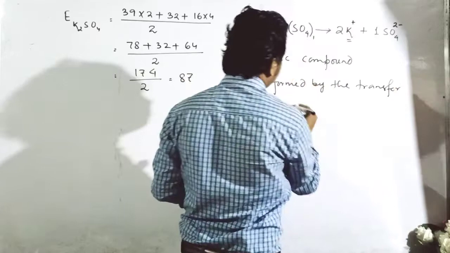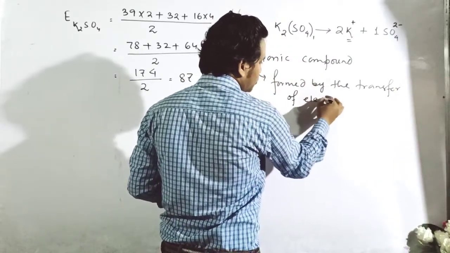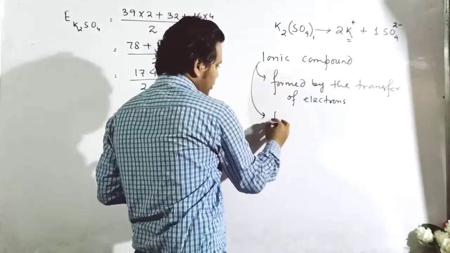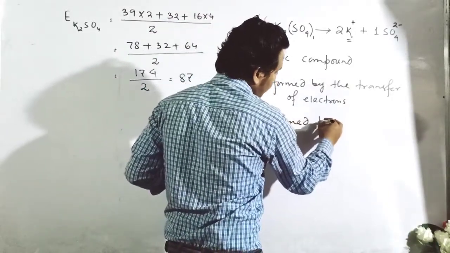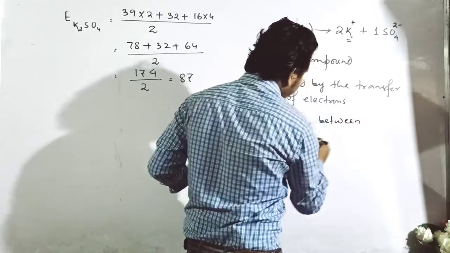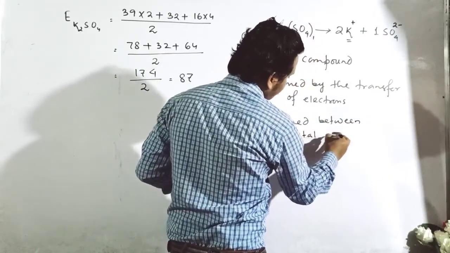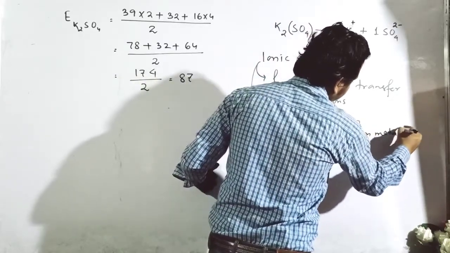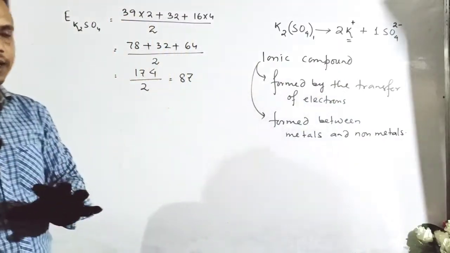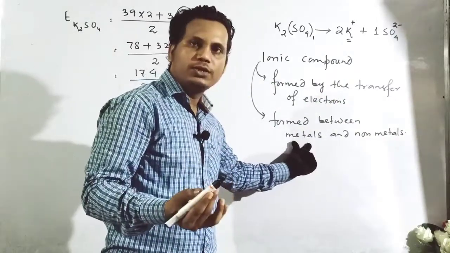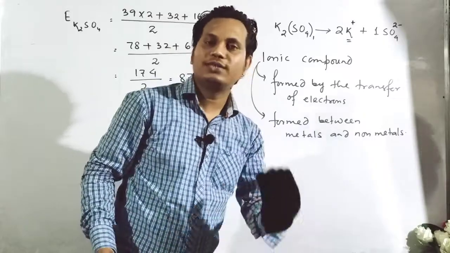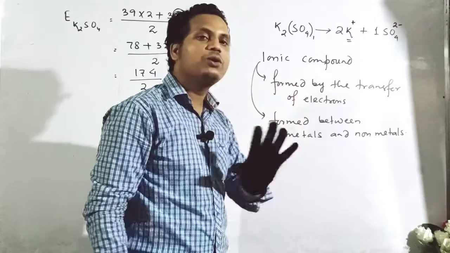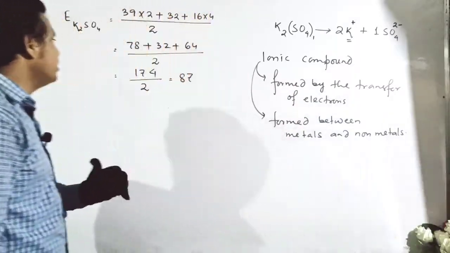It is formed between metals and non-metals. Metal always loses electrons, non-metal always gains electrons. So electrons are transferred, and an equal transfer of electrons will be there.